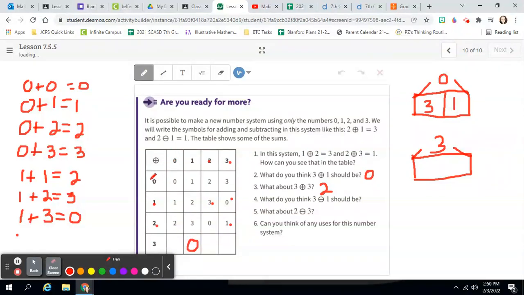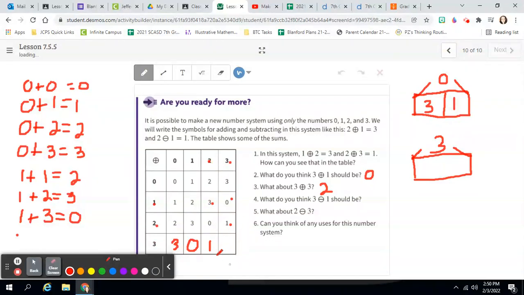Likewise, if 0 plus 3 is 3, then 3 plus 0 is 3. So I can do that here. And then we can do the same thing: 2 plus 3 is 1, so therefore 3 plus 2 is 1.